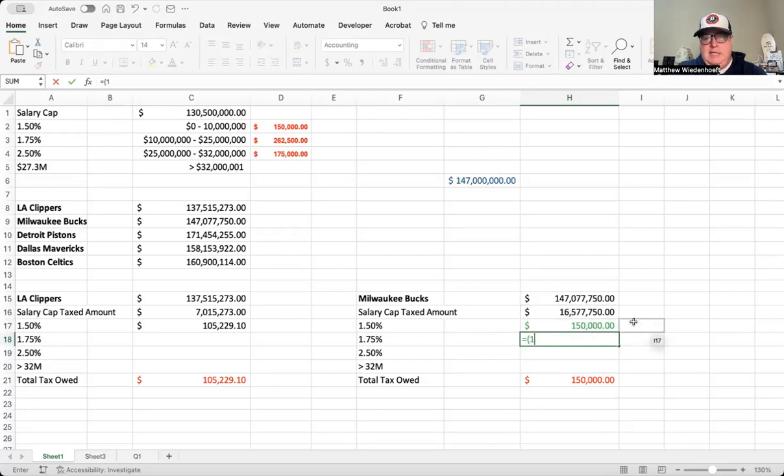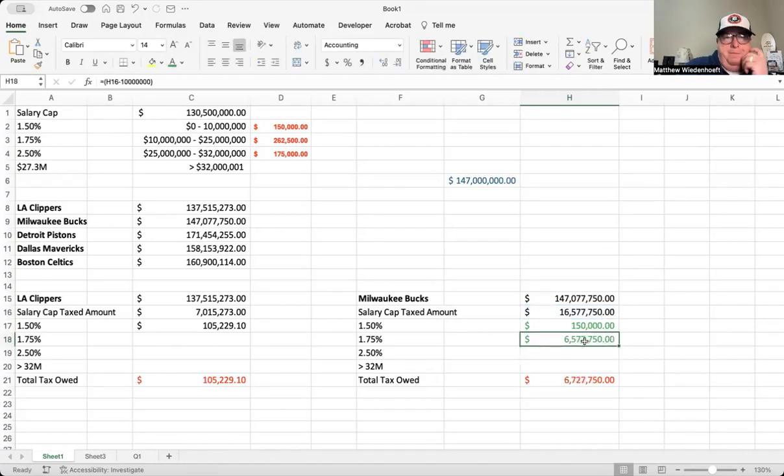We're going to take this number minus 10 million, which gives us this amount, 655,775. Okay. So what you do then is you're going to take that amount and multiply it by the percentage that you're in that tier, which is 1.75%. So you're going to take this amount times this number.